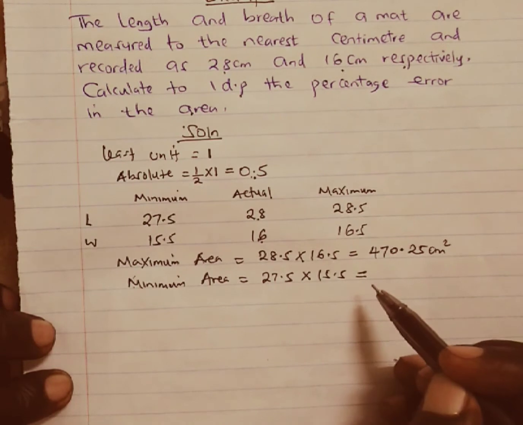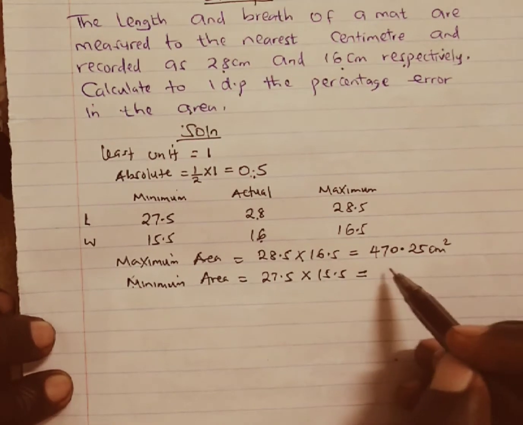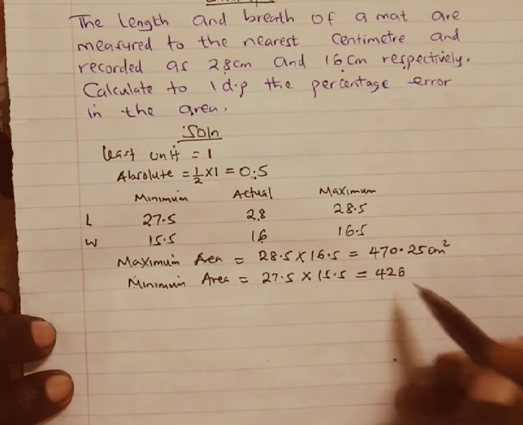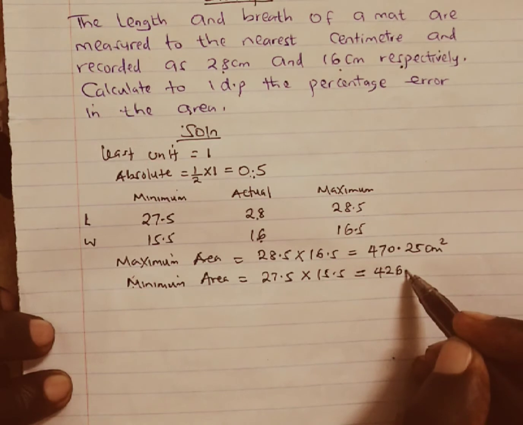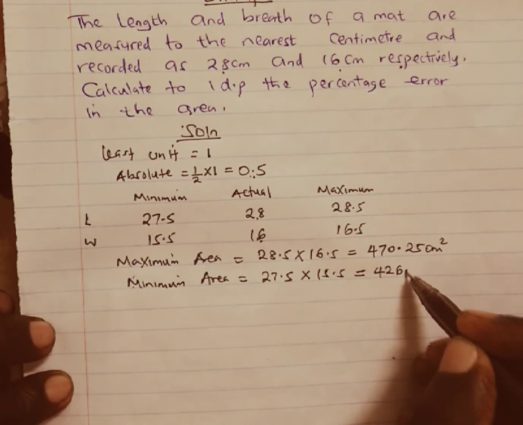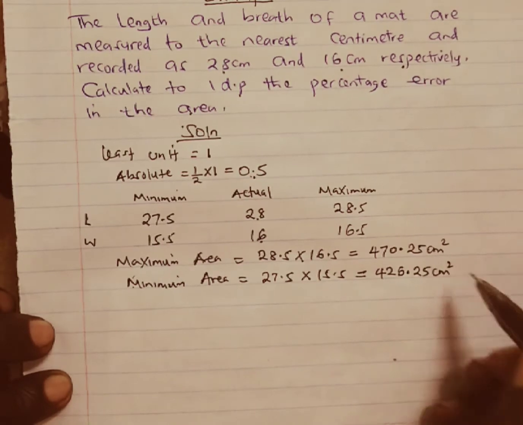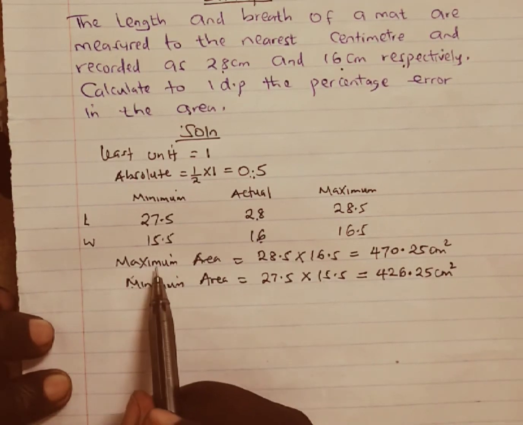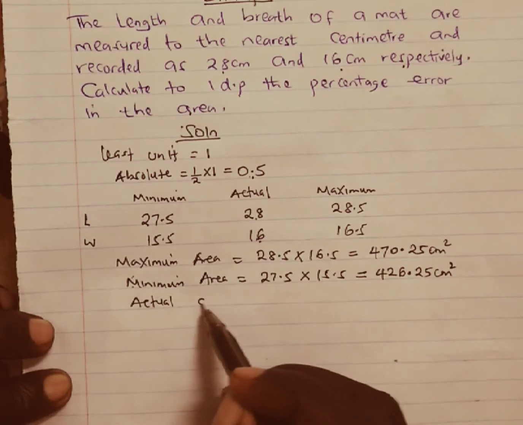If you multiply 27.5 times 15.5, this gives us 426.25 centimeters square.